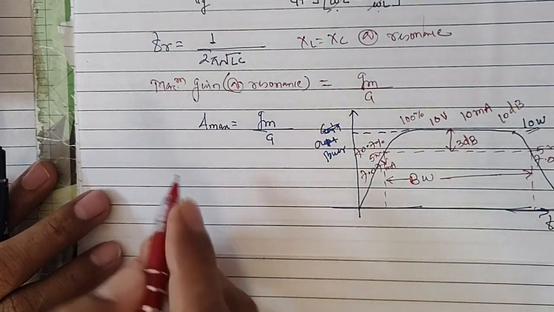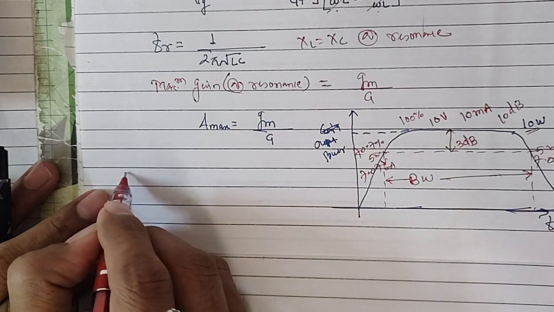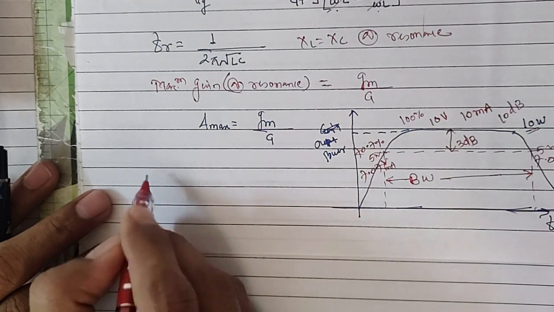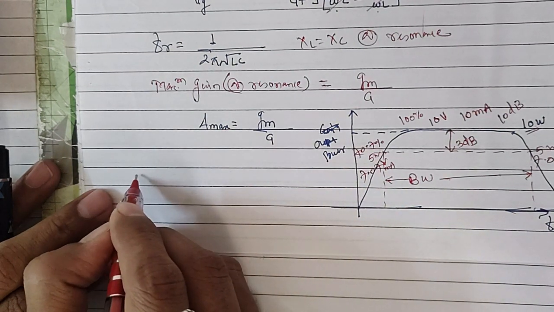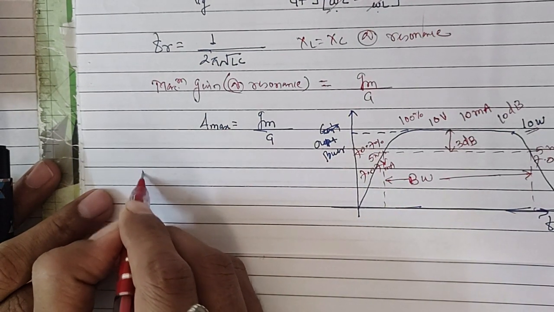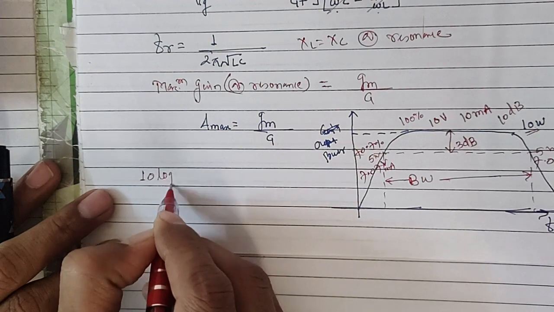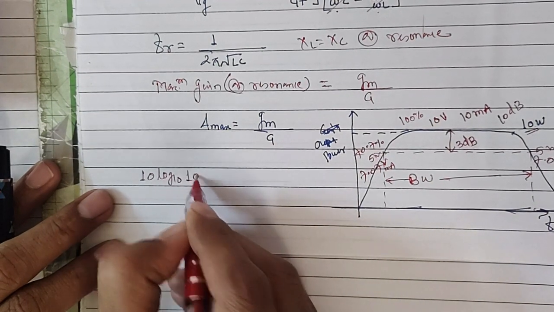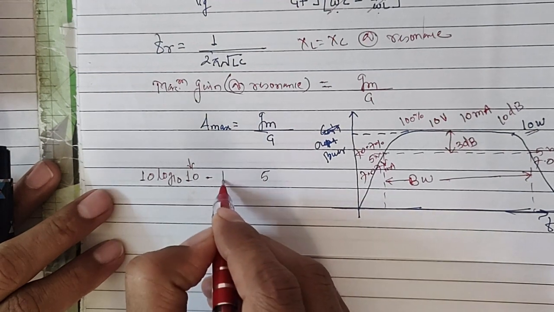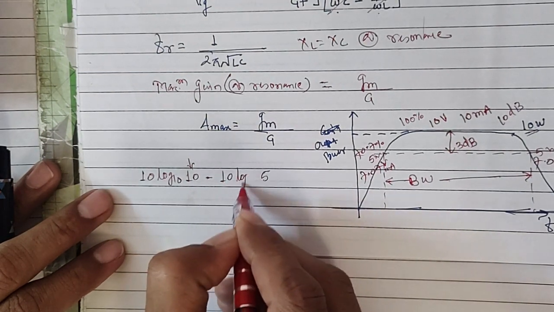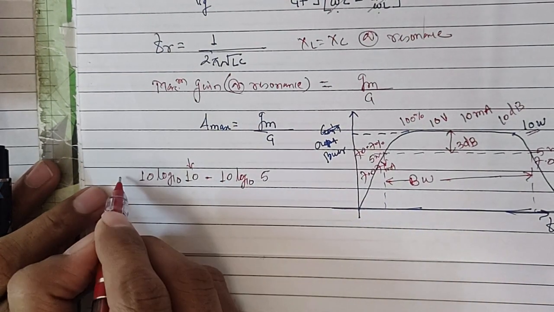To understand this, let us do a small exercise or a small case study. If you have 10 watt of output power and try to convert it into decibels, it is 10 log base 10 of 10, so this is your 10 watt, and half of that is 5. Convert it into decibels: 10 log base 10 of 5.